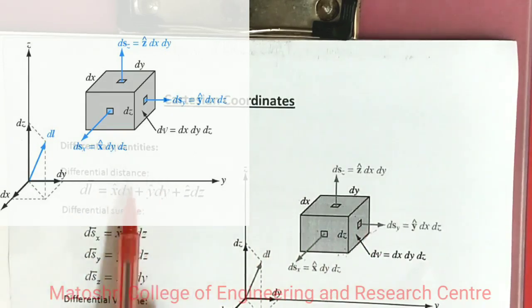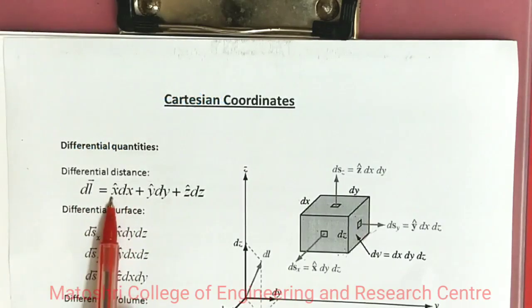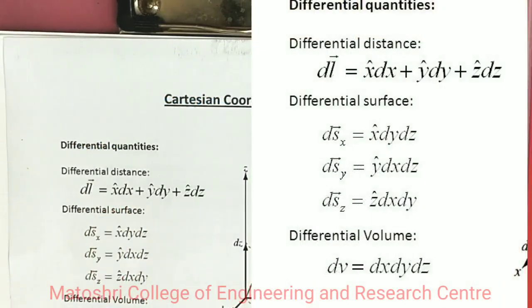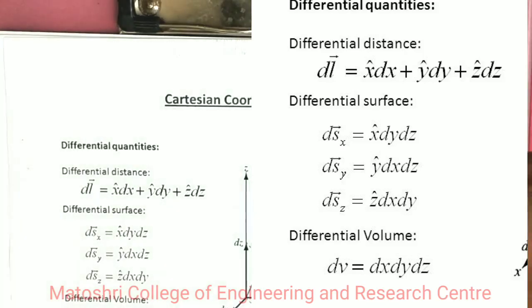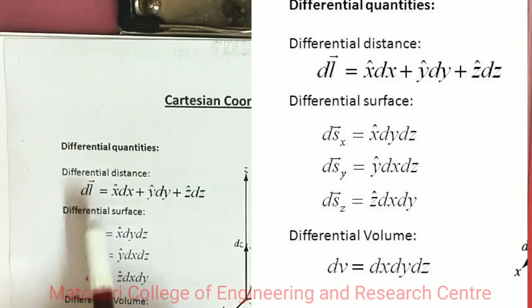That's why the differential length dl is dx ax. Here ax or x cap both are used to represent a unit vector. So these are the unit vectors. So dl equals dx ax plus dy ay plus dz az is the differential length in the Cartesian coordinate system.